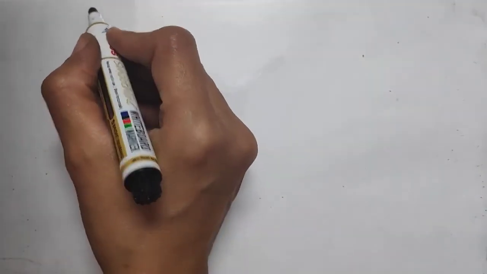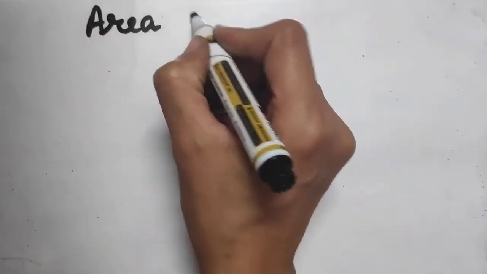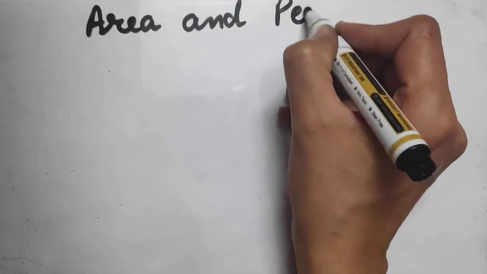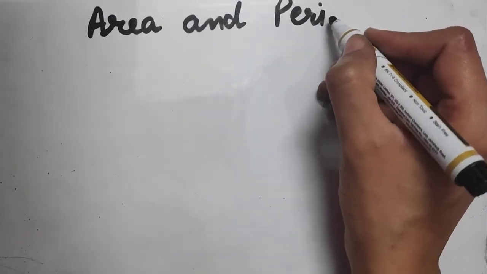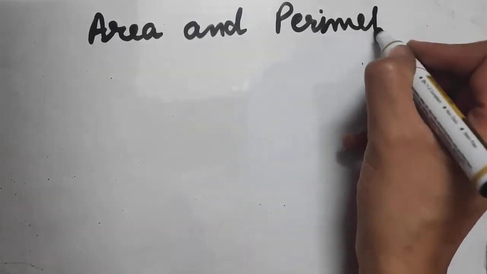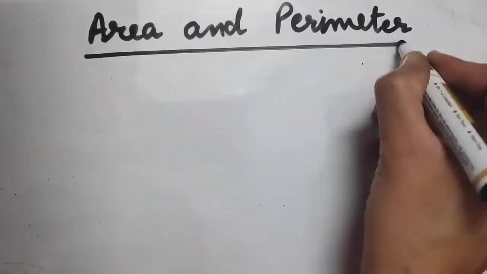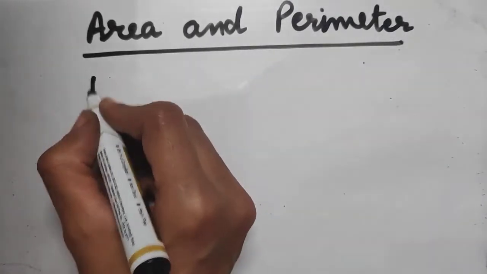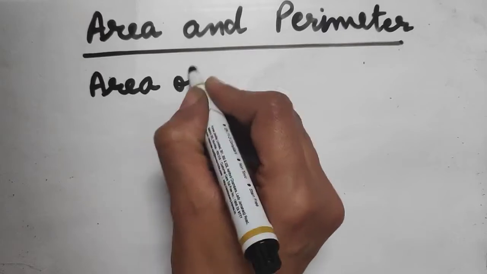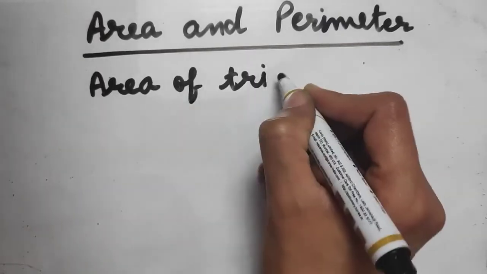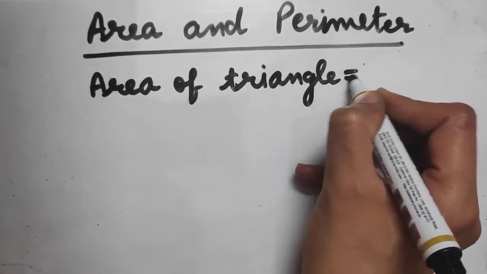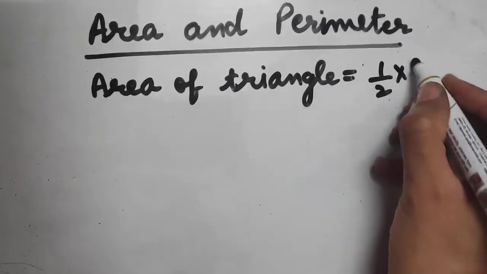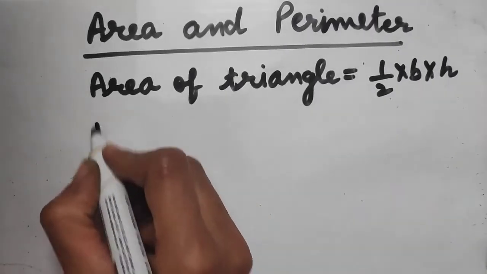Let us recall now area and perimeter of plane figures. Area of triangle is equal to half into base into height.